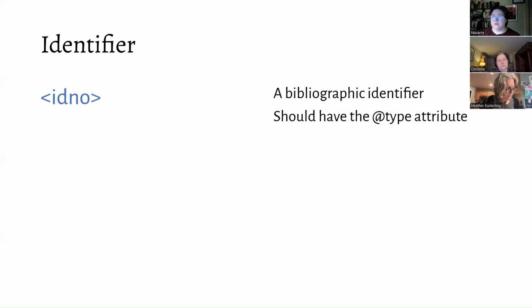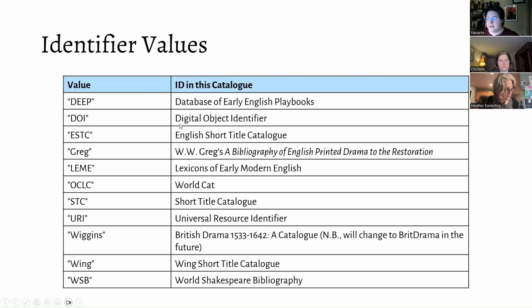Now, you may or may not have any identifier values. Our identifiers are our idno elements. These are just, again, identifiers, and it should have a type attribute. We have a lot of values for type on idno, but these are the ones that you're most likely to see in a bibliography context, at least.